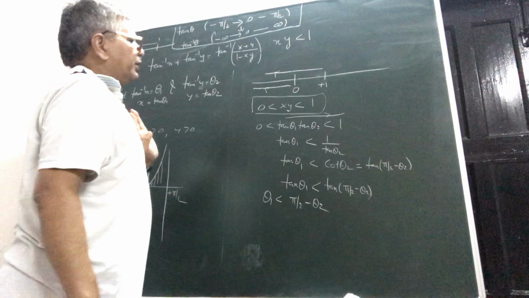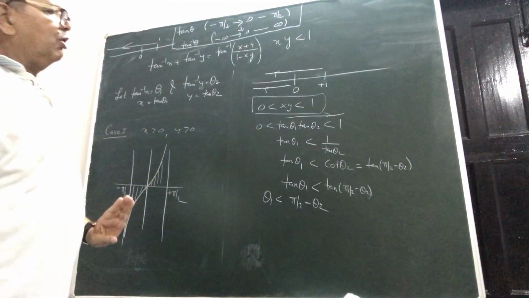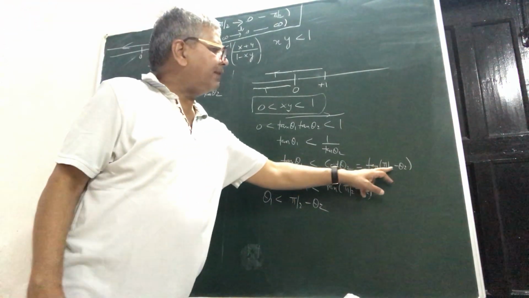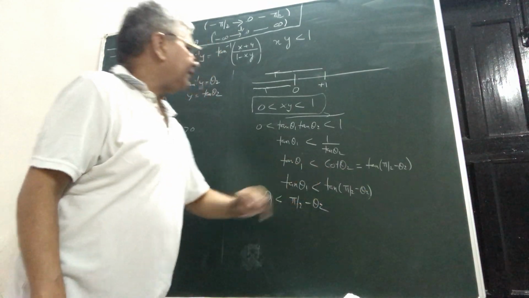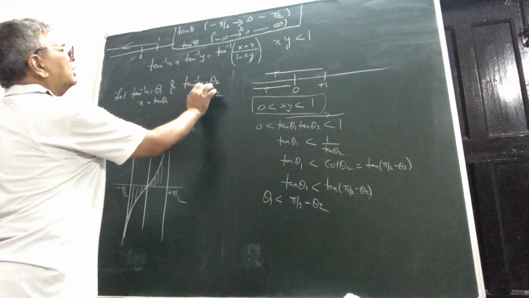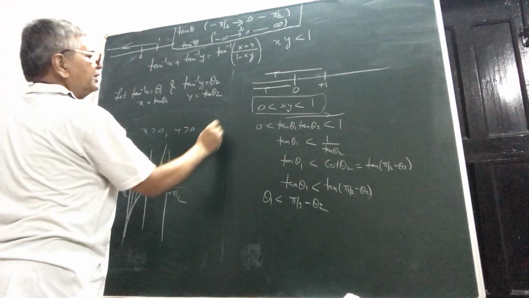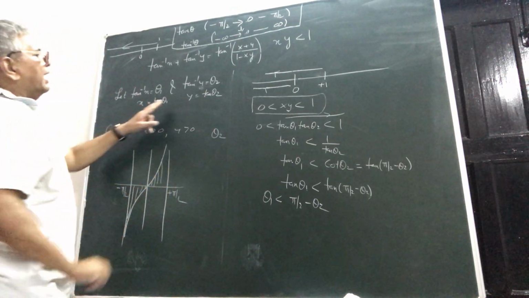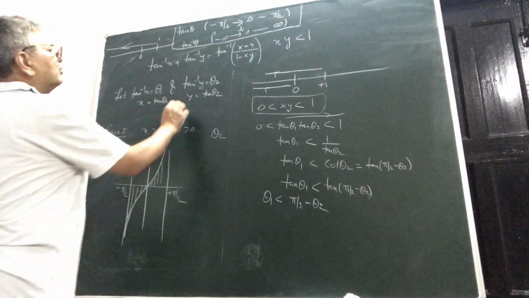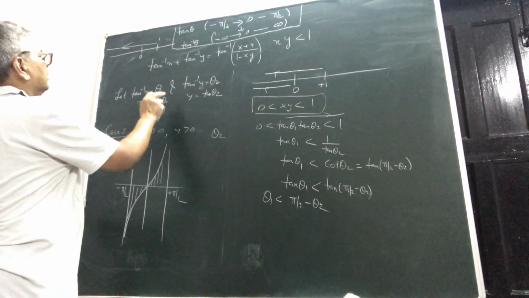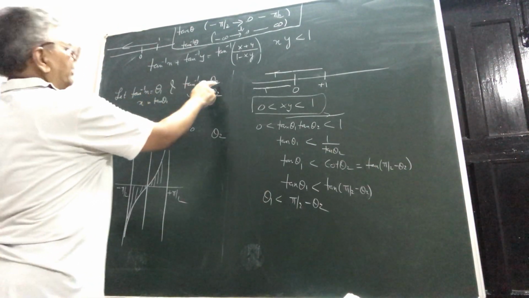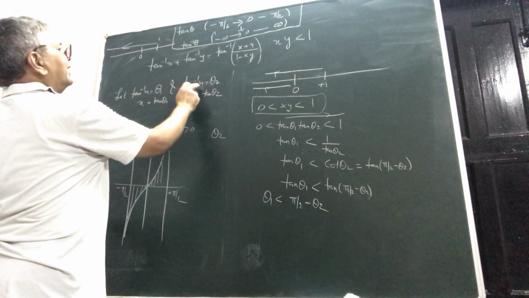But we see one more important result which we have forgotten right now: we have to show that pi by 2 minus theta 2 should also lie between the branch, and it is easy to show because tangent theta 2 is positive. Theta 2 is tan inverse y.